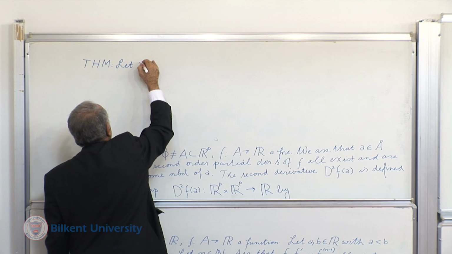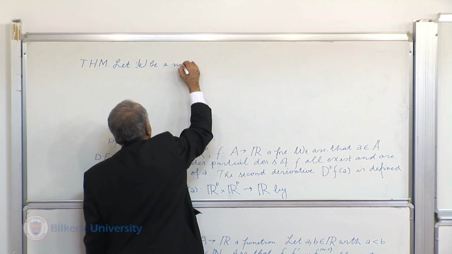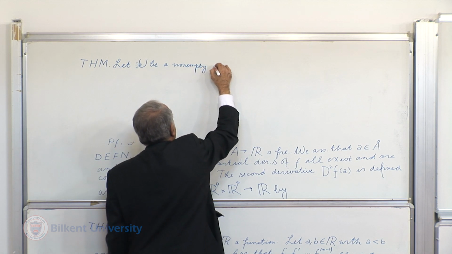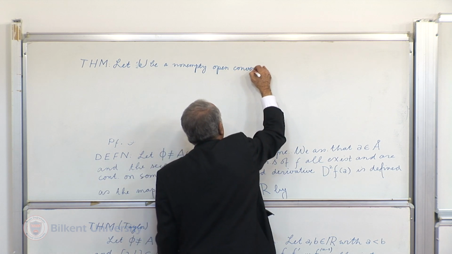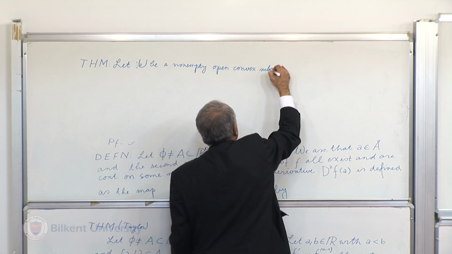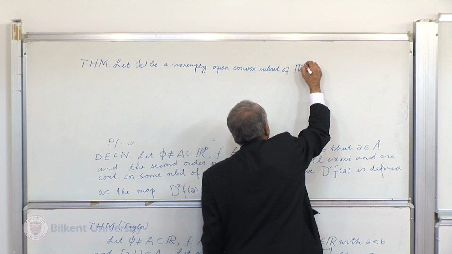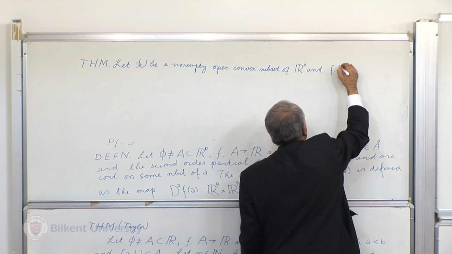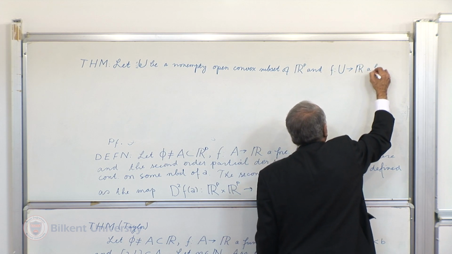Let U be a non-empty, open, convex subset of Rp and f on U to R a function.